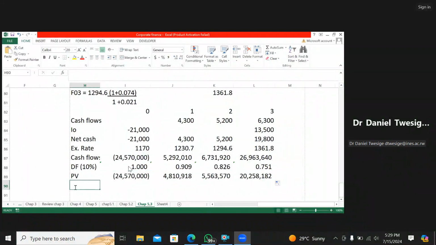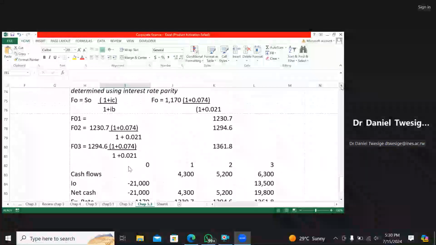So my NPV will be the sum of this. So in that case, you are accepting the project. It's not very different from the normal investment approach we have seen in our previous part. The only issue that you may find here is that you need to translate your currency. Other parts are the same. And when you need to translate the currency, you need to look at which data you have in the question.